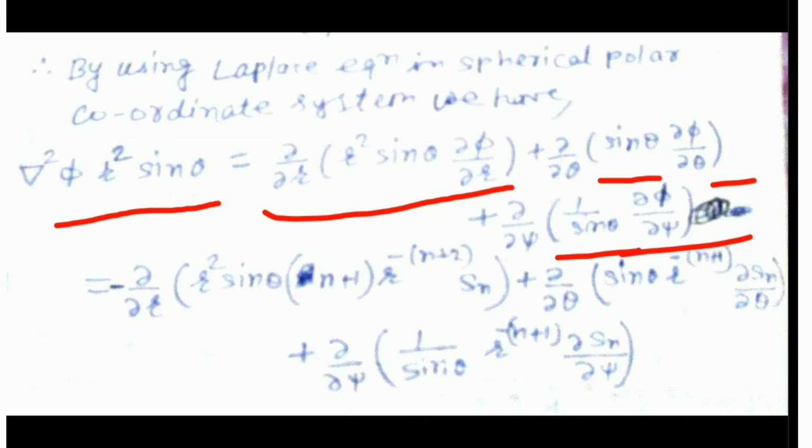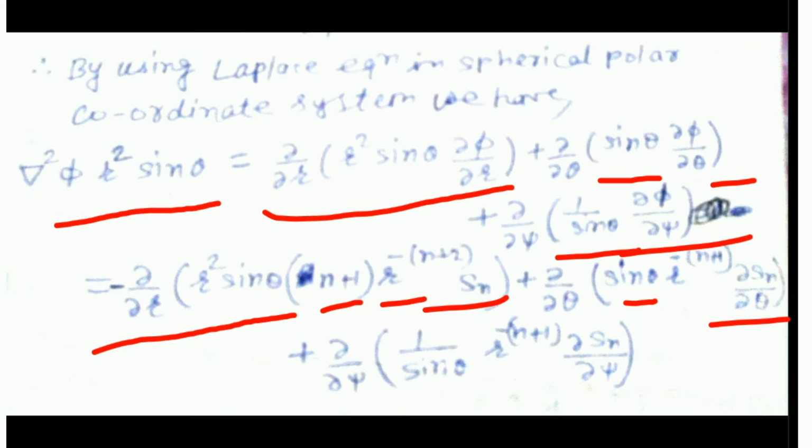What we get? This can be written as minus ∂/∂r of sin²θ r² sin θ into (n+1) r^(-n+2) Sn, plus ∂/∂θ of sin θ and ∂φ/∂θ, which is r^(-n+1) ∂Sn/∂θ.